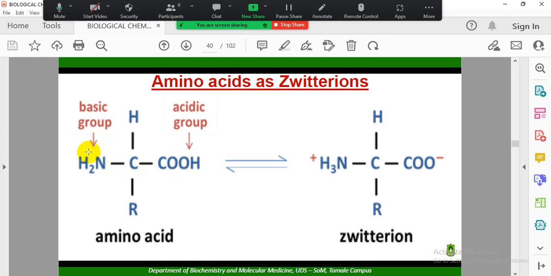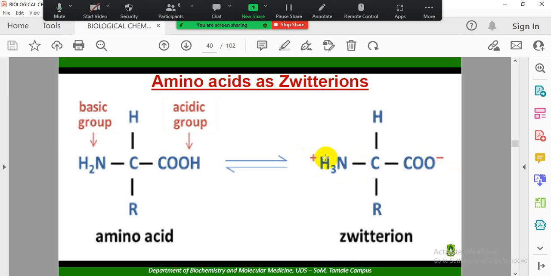So when you add a proton, this one has no charge, so there is no acid, there is no base. But this one becomes what? A proton acceptor. And this one gives its proton to the NH2, becoming positive. So this one is a basic group and this one an acidic group.